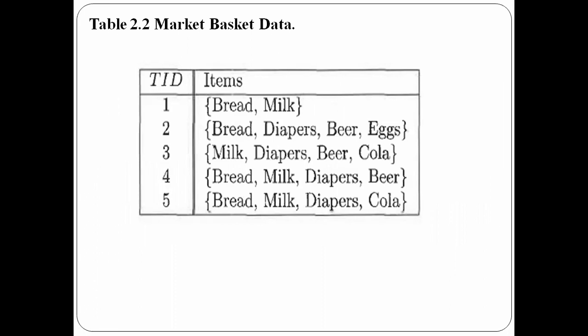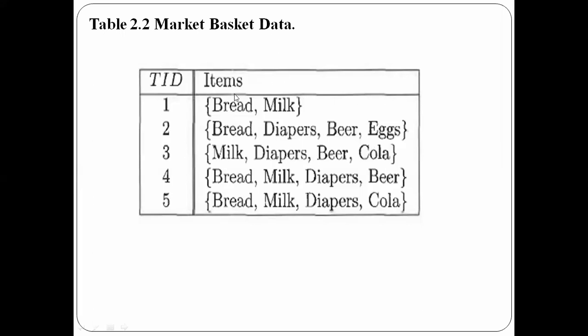If you look at this example, this is an example of market basket analysis. This data has been collected at a store, an e-commerce site, or even a normal store. With this data we can find which related items are bought together.